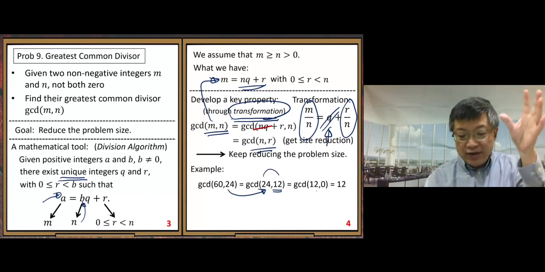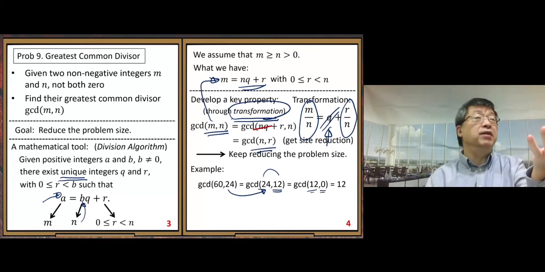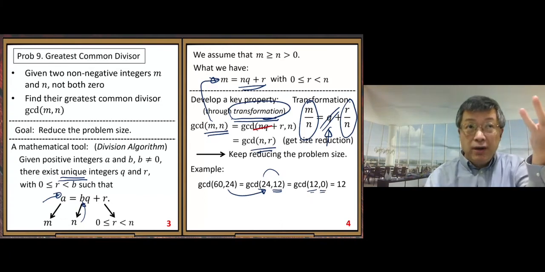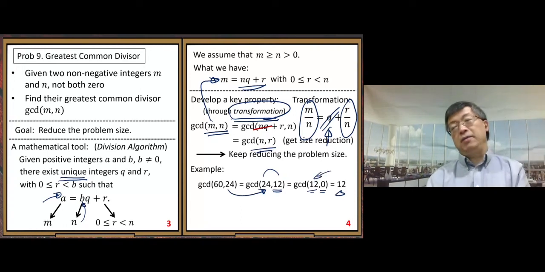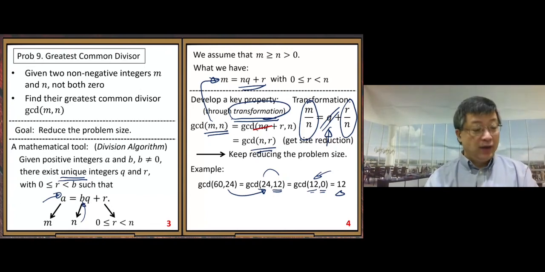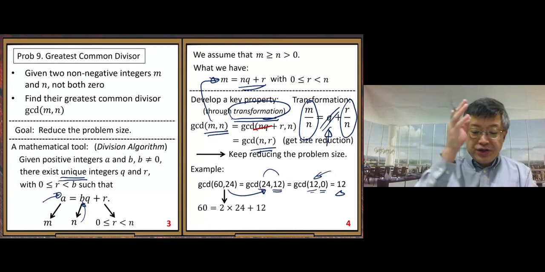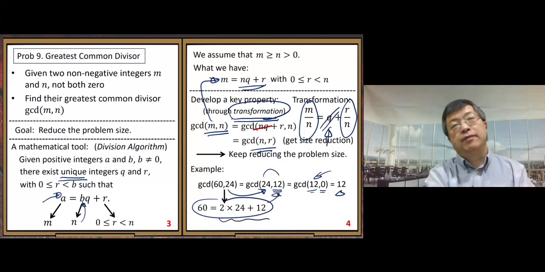Then another reduction, this time 12, remainder is 0. If remainder is 0, you can write the answer of the first number immediately. We know it's trivial. So we can write the answer 60. I mean, the reason we can do that reduction is because we have this, right?